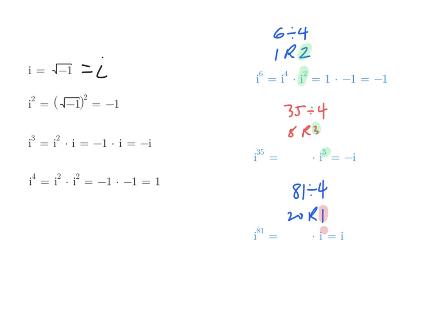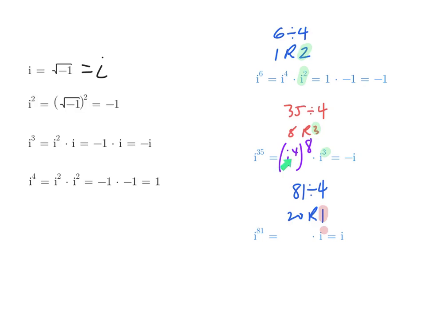Now, if you're still not convinced that makes sense to you, the reason where that other part comes from is right here. For this, it would be i to the fourth to the eighth. So this 8 corresponds to what i to the fourth is raised to.